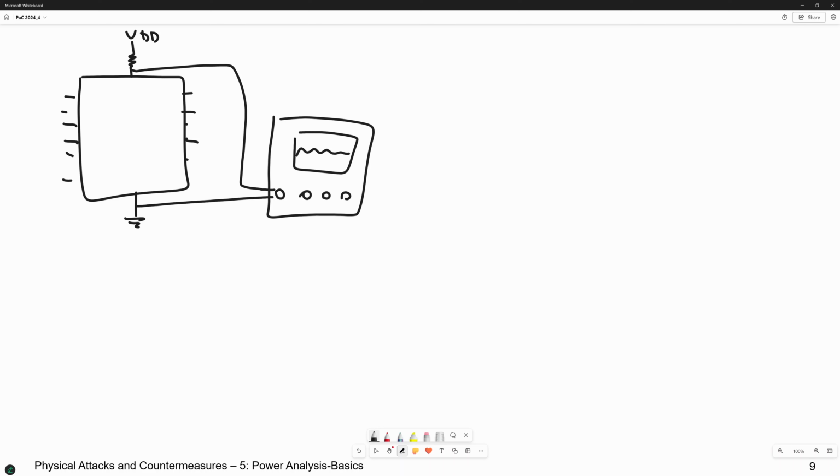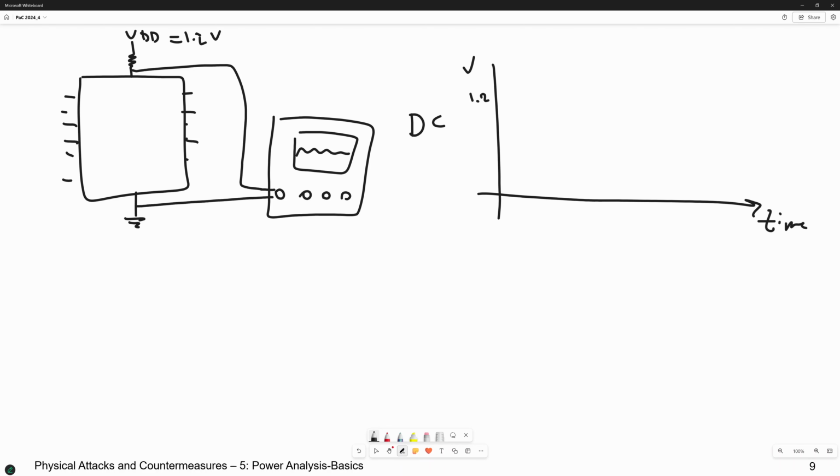If we measure in the DC mode, the voltage will be close to 1.2 volt if VDD is, imagine that this is also 1.2 volt. And then there will be some variations because of the power consumption.